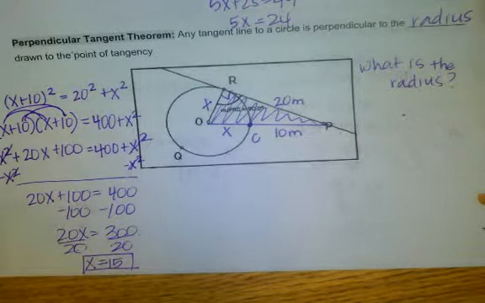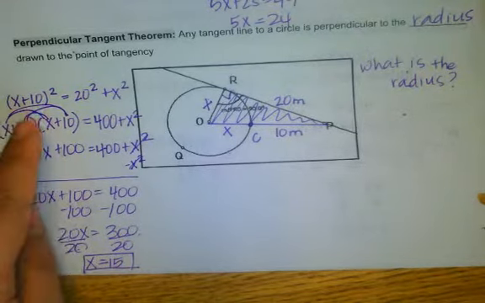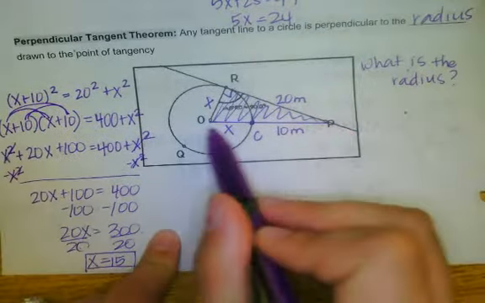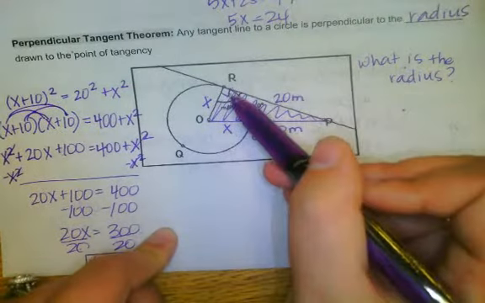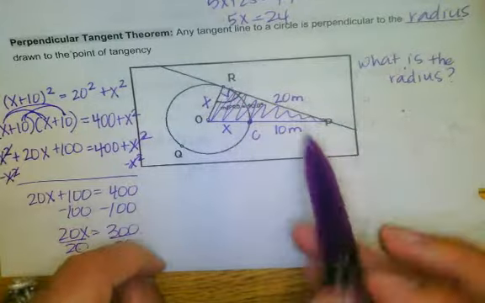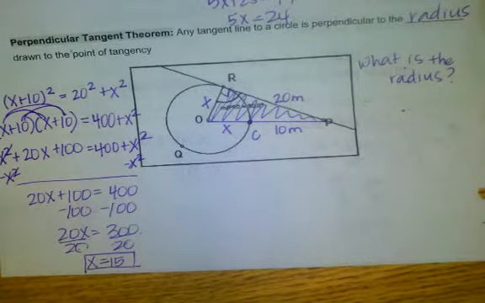Yes? How do you set up the first one with the square? Pythagorean theorem. You had your hypotenuse, which was PO, and then these two are your legs because of that point of tangency making that right angle. Any other questions? Are we sure?